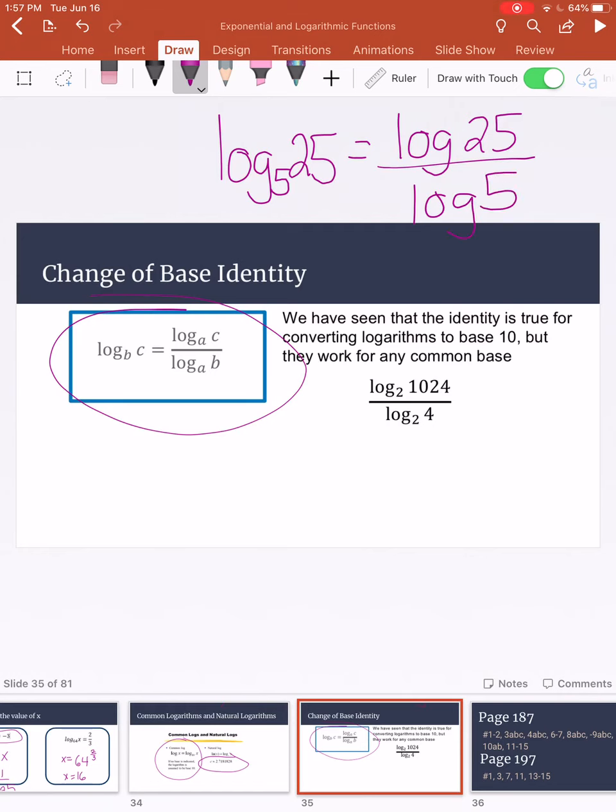The reason that works is because of the change of base identity. In this case, this is equivalent to this expression because they both have a common base of 10, but really it would be true for any common base. That doesn't come up too much in the course, it's more just a strategy when you're using the graphing calculator.